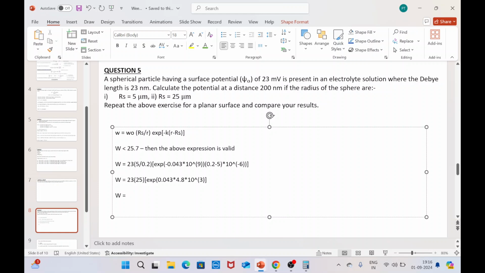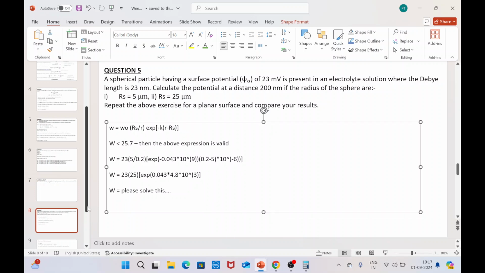So what is the answer? Please solve this because I've given everything. You just need to solve. We will take up this question again in the next class. I'll be asking the answers in the next class, so please solve it and keep it ready.